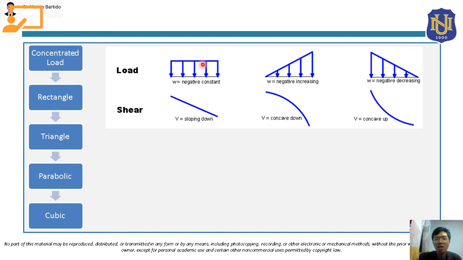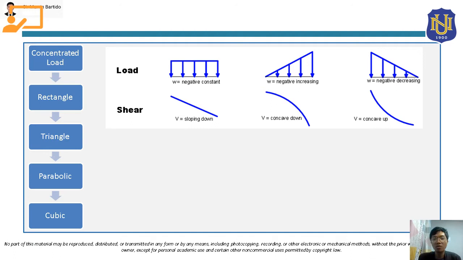For these types of loads, its shear will always be sloping down. Take note, class, that for rectangular loads, its shear will be a triangle, and the triangle here will always be sloping down, downward to the right. It will always be sloping down.